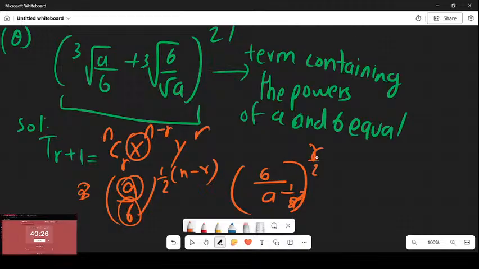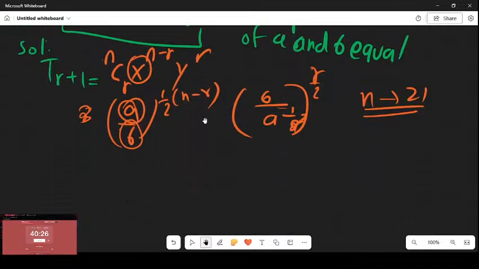So here in the question they have given n is 21. Now I need to find for which term. So we need the net power of a and b to be equal when I substitute it. Okay, that's our aim. Come on, let's think of an approach.